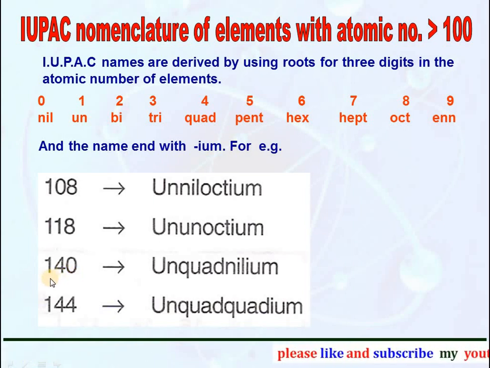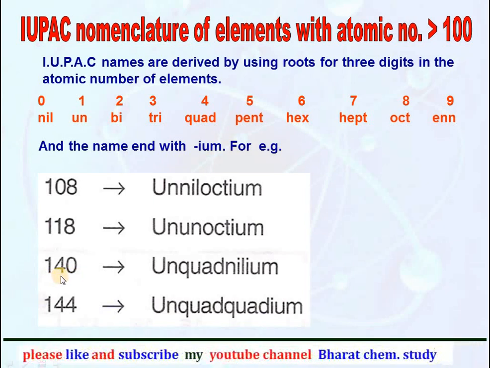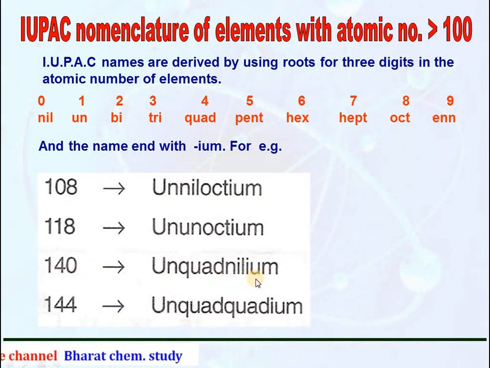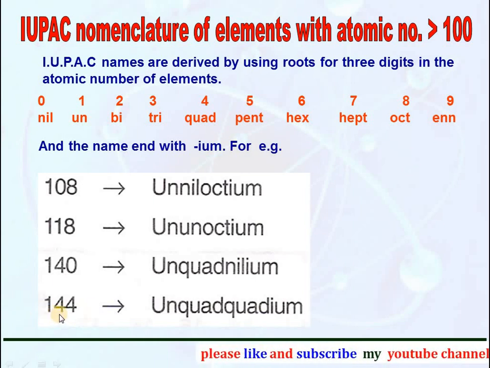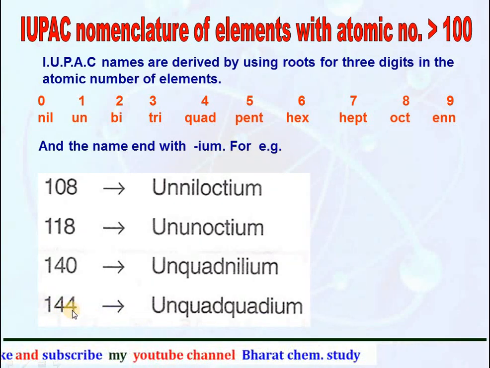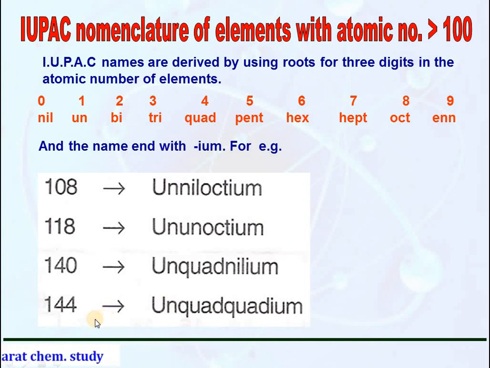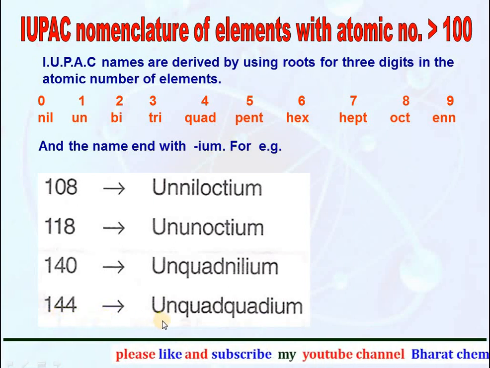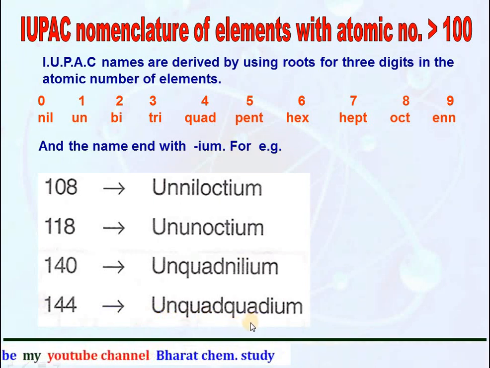So the name becomes unquadnilium. Similarly, for 144, we use un for 1, quad for 4, again quad for 4 and then we add ium. So the name will be written as unquadquadium.